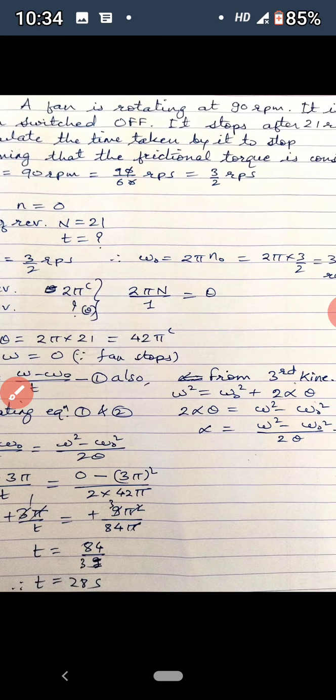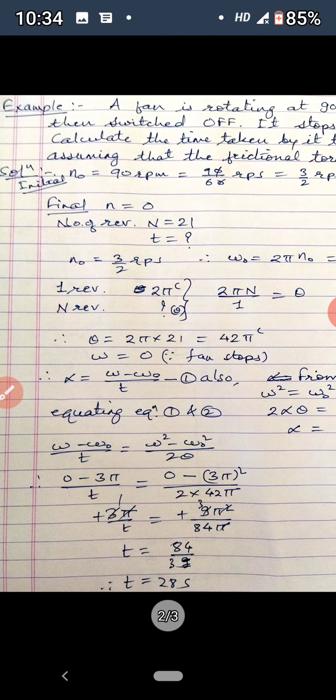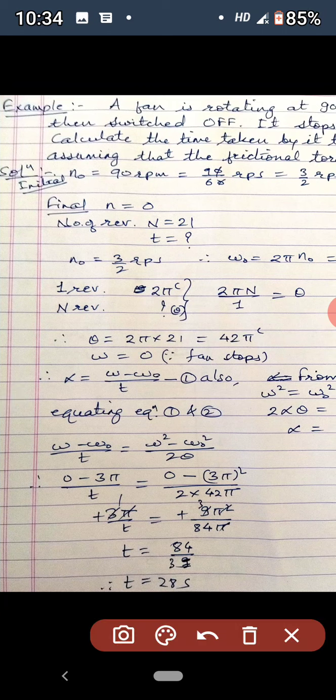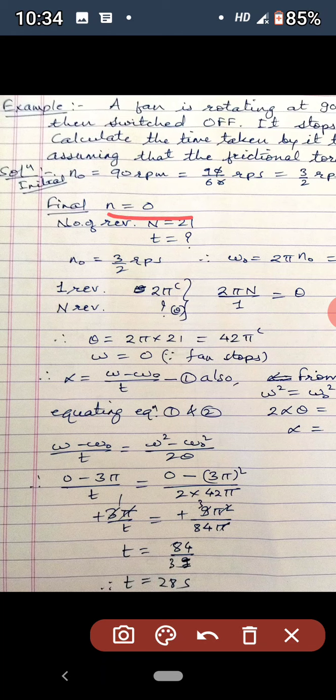Then in that problem it is then switched off, means the fan is switched off. When the fan is switched off, then the final frequency n becomes 0. So initial frequency is 3 by 2 hertz and final frequency is 0.